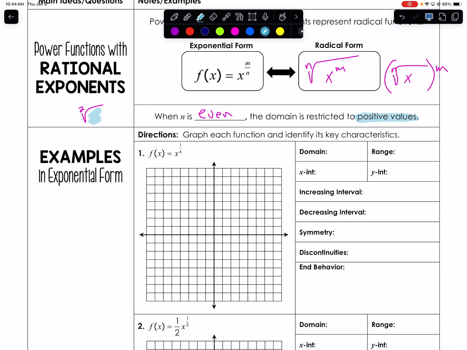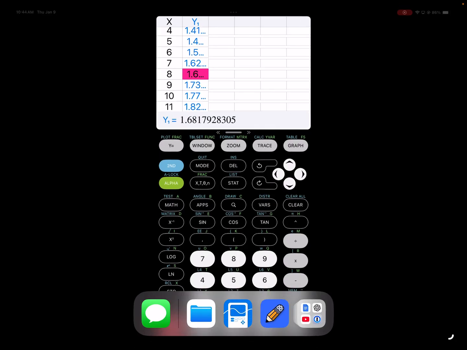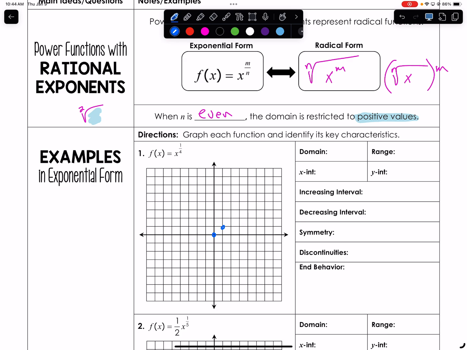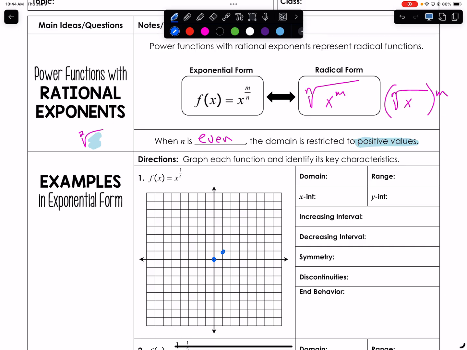So we've got 0, 0, 1, 1, and then 8, 1.7 basically. And then draw your graph.